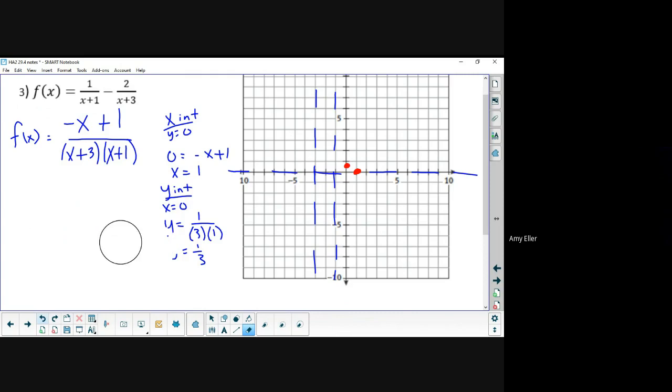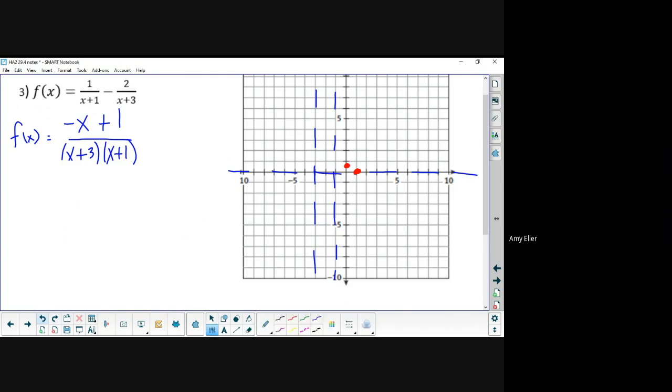Don't erase yours. I'm just making more room. Remember, we do the outside parts first. You can kind of tell this far right section. We can kind of do that first. So I'm going to have to connect these. Is it going to go back down? No, it never does.